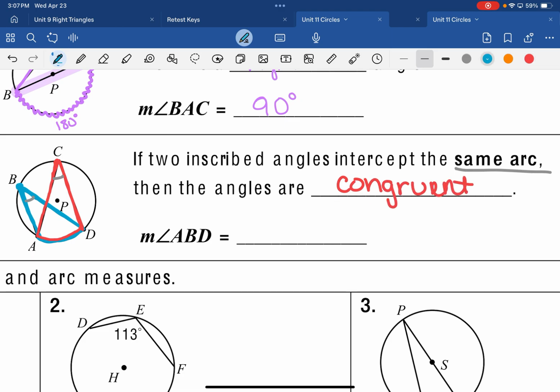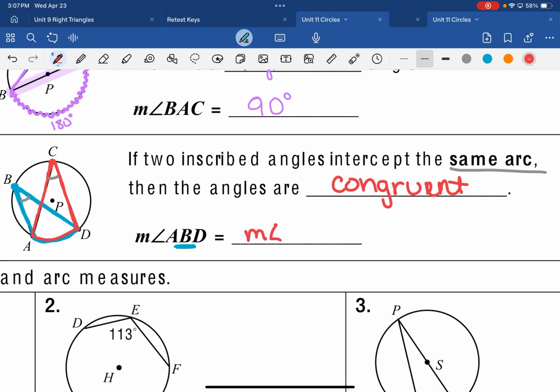And we can say the measure of angle ABD, again, B is the vertex, is going to be congruent to measure of angle ACD. And again, C is that vertex.